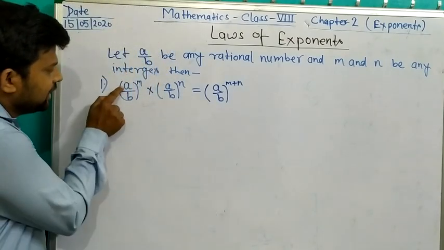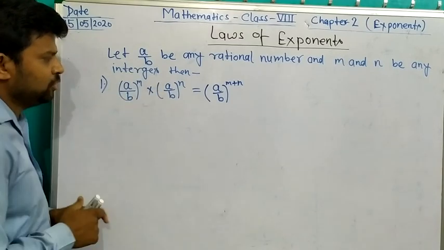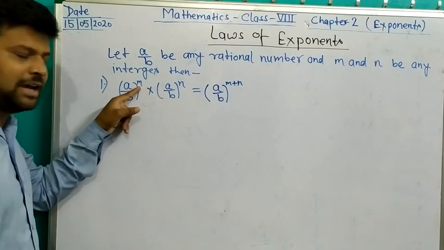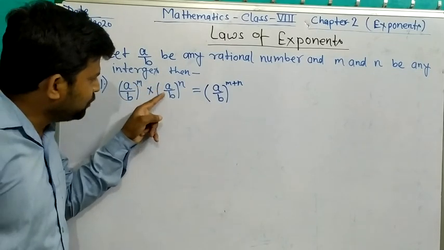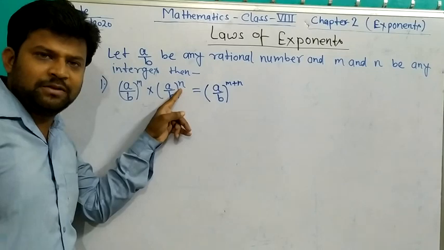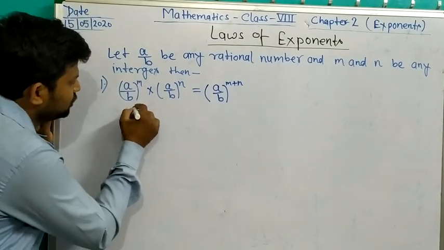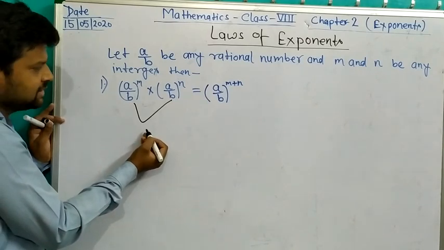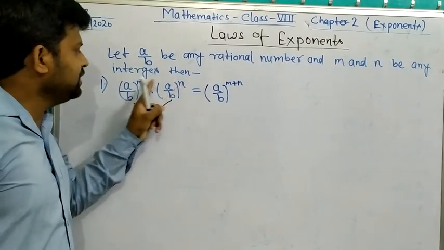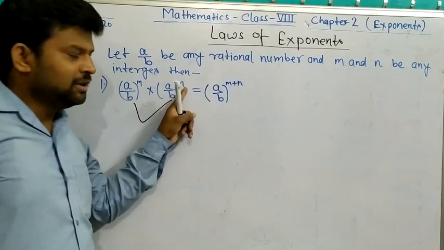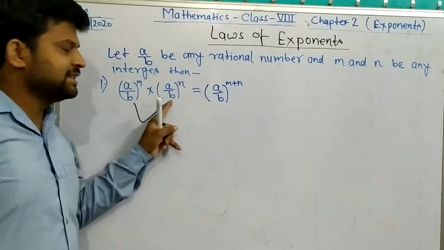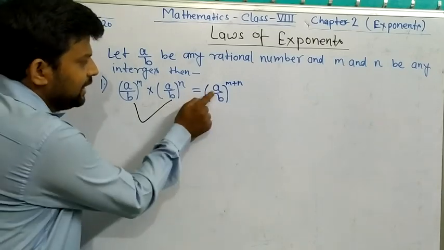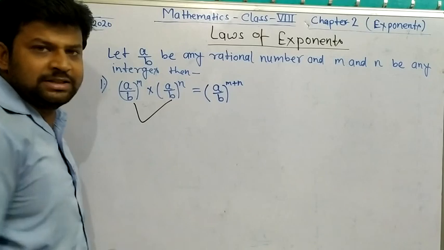Here a upon b is the base and m is the power, and a upon b is the base and n is the power. Both bases are the same and powers are different. Then the rule is, when bases are the same, powers are added. Therefore we write (a/b)^(m+n).